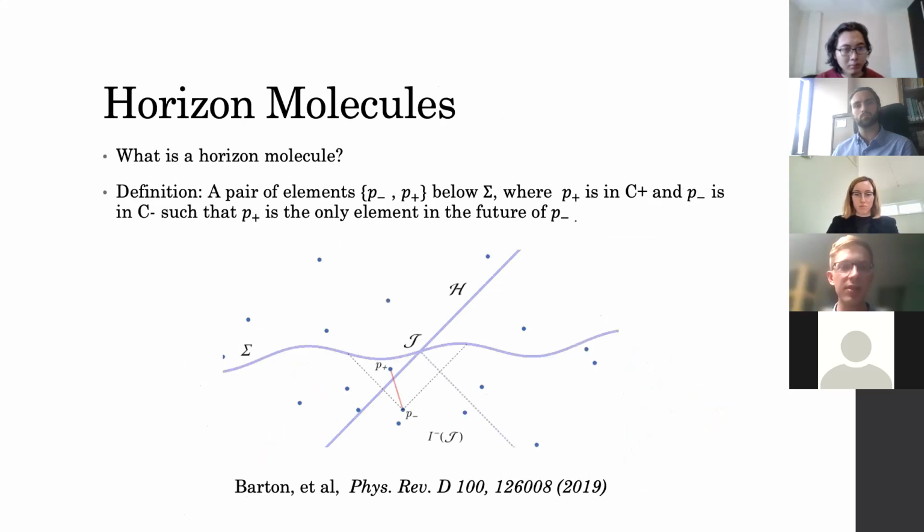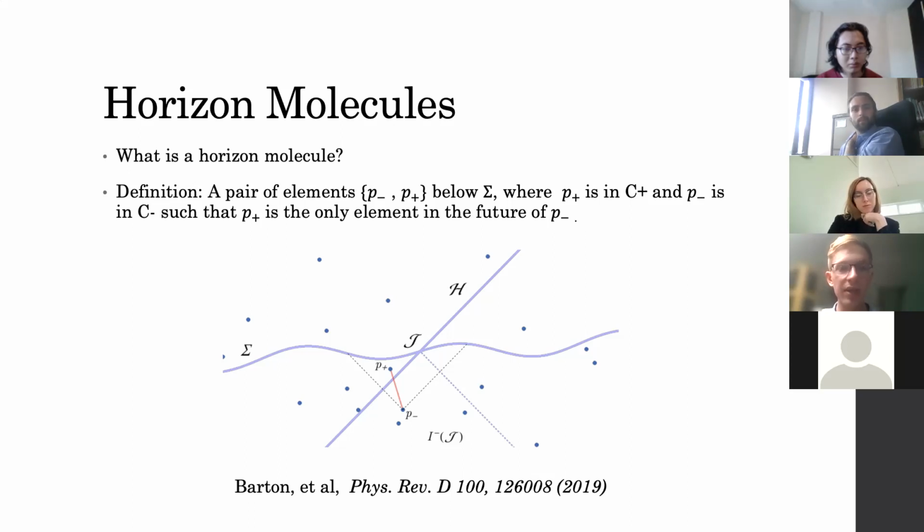We've been discussing these horizon molecules, and as Saoirse introduced in the background, a common goal in causal set theory is to determine structures in causal sets that give approximations to continuum quantities. As proposed in Barton et al., the structure we're working with here is a horizon molecule, which goes on to be an indicator of the surface area of our black hole, in our toy model of a black hole.